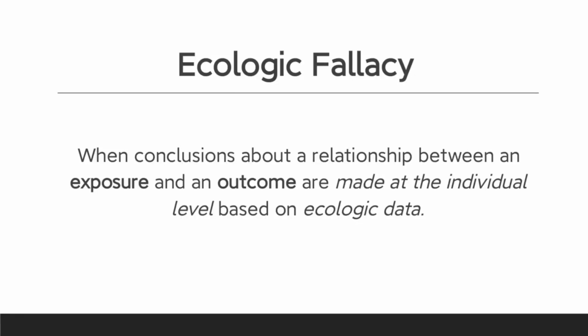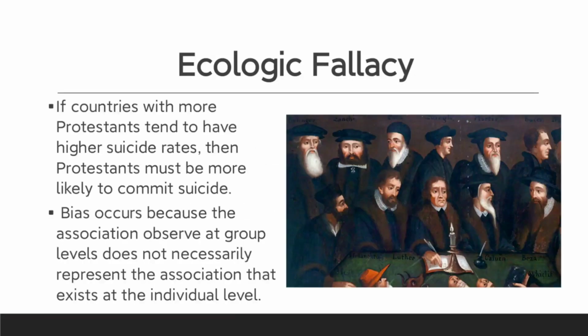Okay? So, this is ecologic fallacy. For example, if countries with more Protestants tend to have higher suicide rates, then Protestants must be more likely to commit suicide. Right? So, bias occurs because the association observed at the group level does not necessarily represent the association that exists at the individual level.